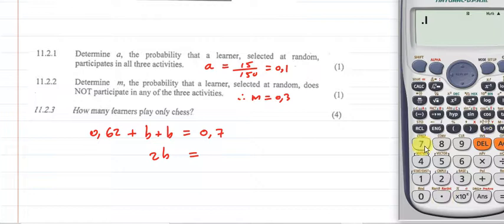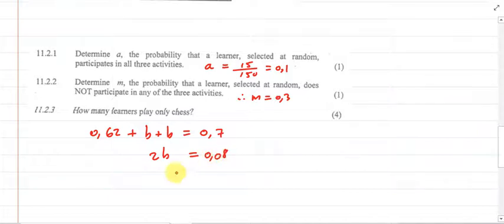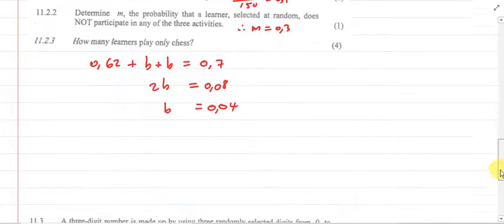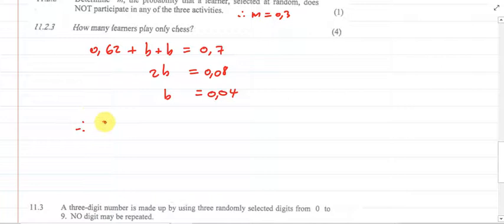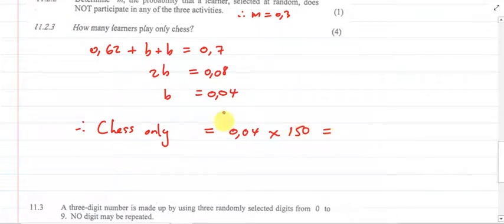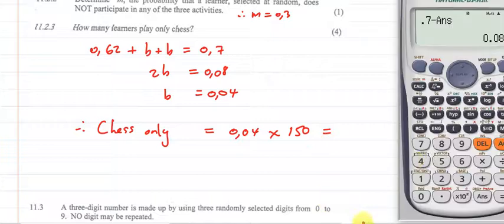0.7 minus the answer should get 0.08, and divided by 2 we'll get 0.04. But remember, the number of learners that play chess only is B. Therefore the number of learners that play chess only is equal to 0.04 times the total number of learners, which is 150, or 4% of 150.